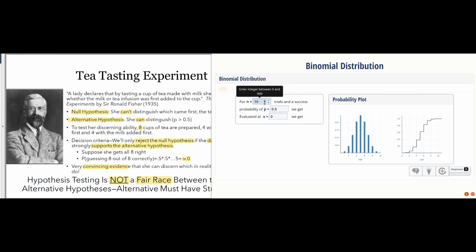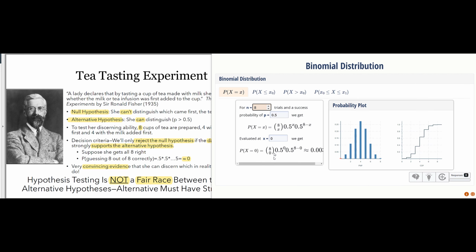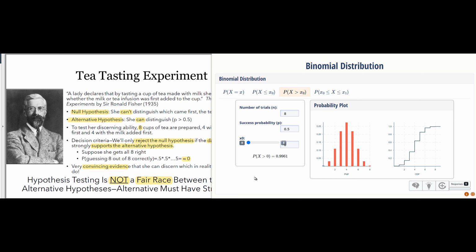All right, so we're going to do 8 trials for this experiment. And we're going to compute the probability that the number of correct identifications is greater than, let's say, 4. Okay, greater than 5.